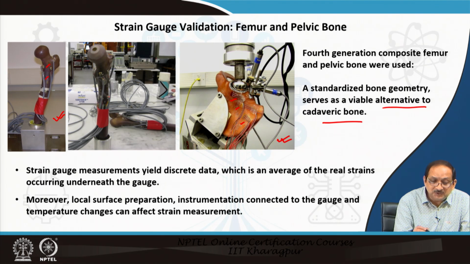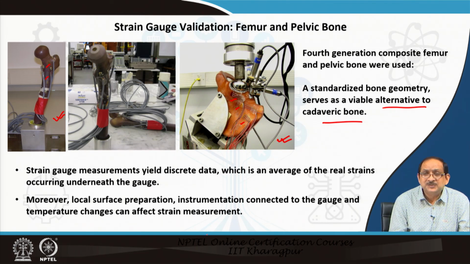On both the femur bone and the pelvic bone the strain gauges are visible, and the connecting wires from the strain gauges go to a strain amplifier.